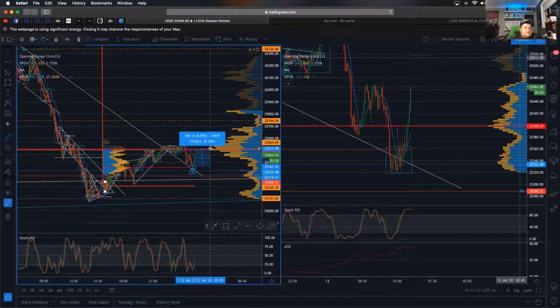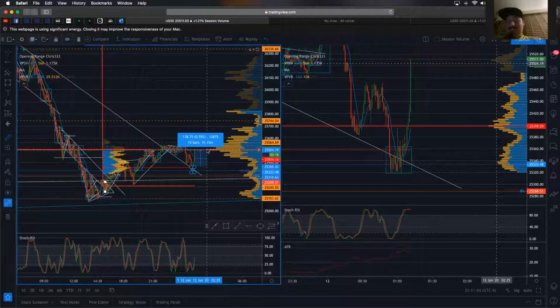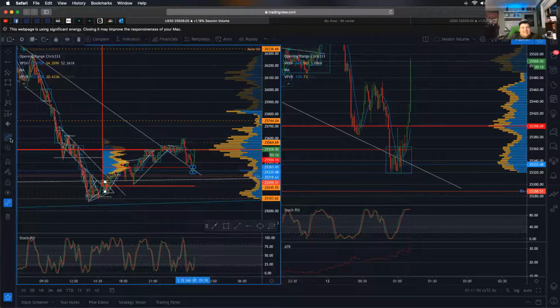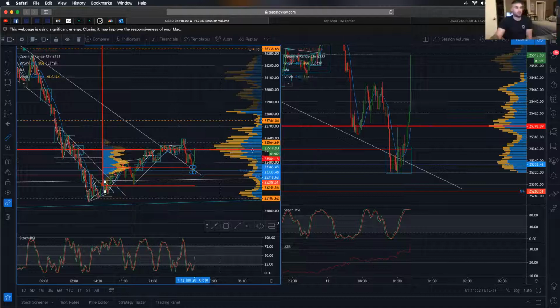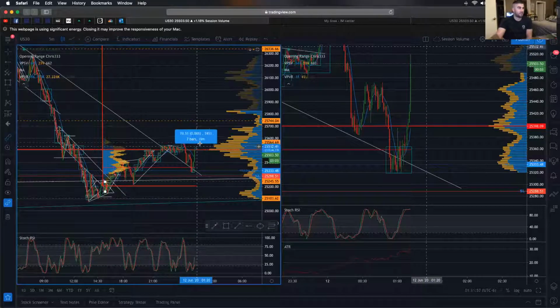Again, if you use your visual POC, which is 138 points, and we are there. Boom, look at that thing go. Wow. Drag your stop loss up to the previous again, right here, and then again.